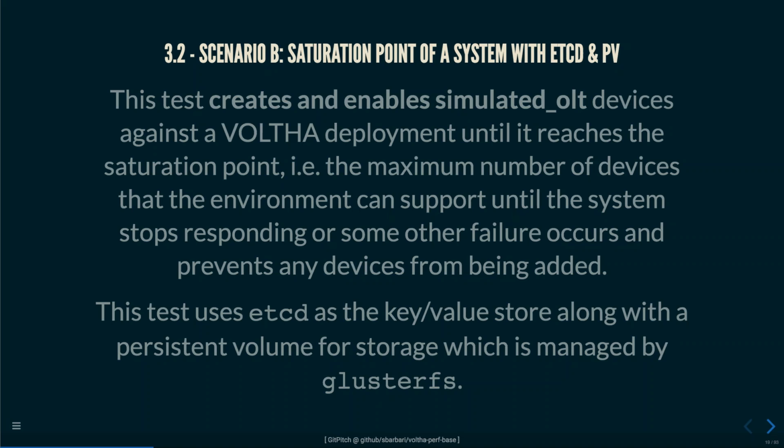The persistent volume is managed by GlusterFS, a cluster of GlusterFS containers in this case. And I'm executing the same scenario, creating simulated OLTs and enabling them for each instance.